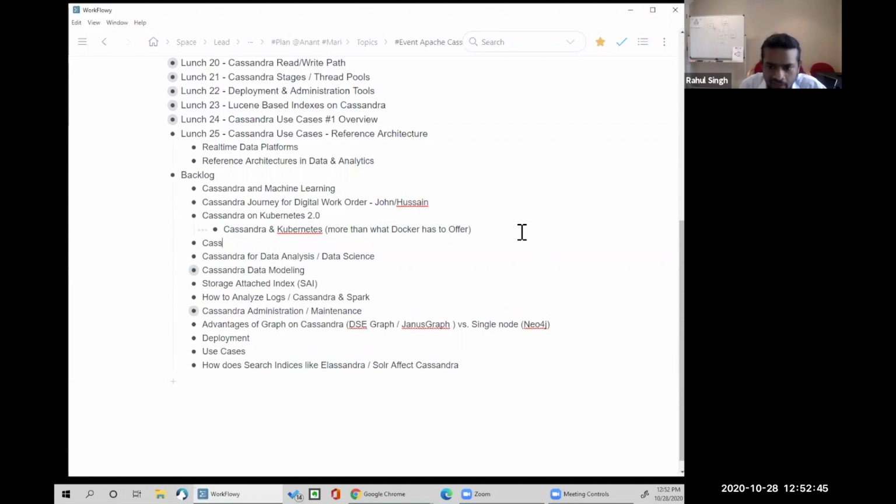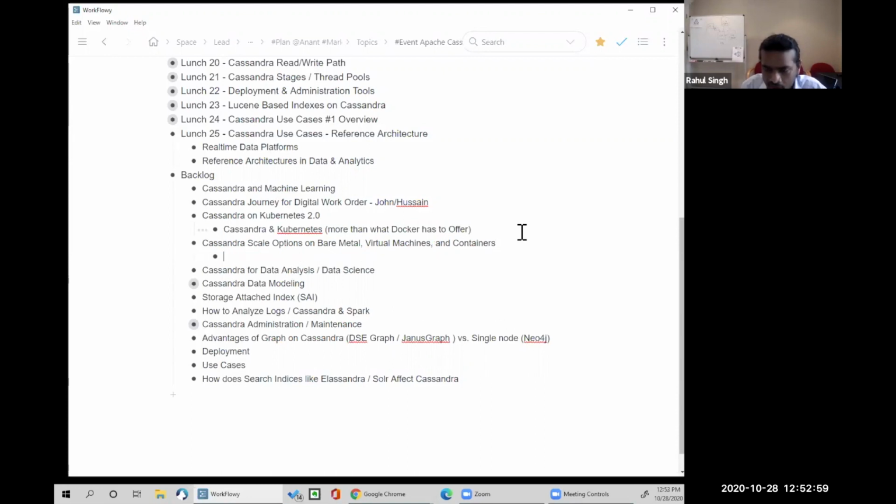You know what, related to what your actual pain point is, I would say Cassandra scale options on bare metal, virtual machines, and containers. Because all of them have a place. I think the best of both worlds is virtual machines.